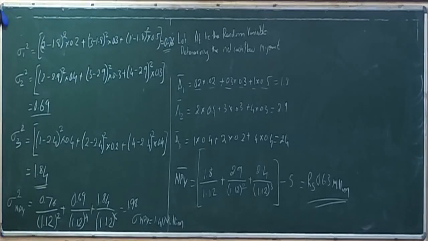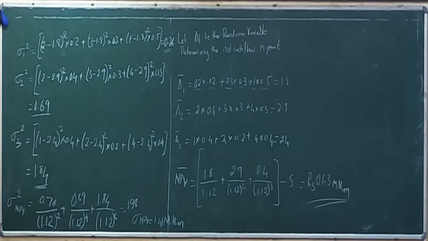So let AT be the random variable denoting net cash flow in year T, that you can see on the other part of the board. A1 bar is the first year calculation of the expected values.